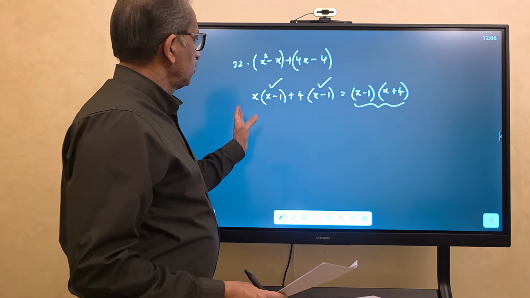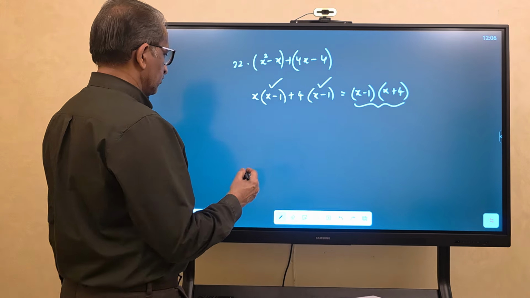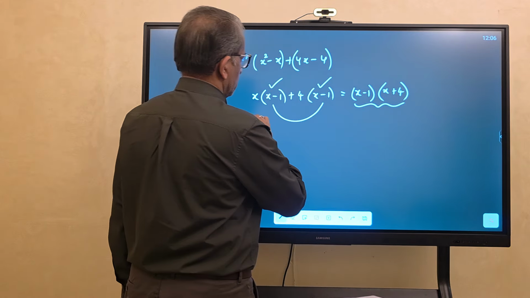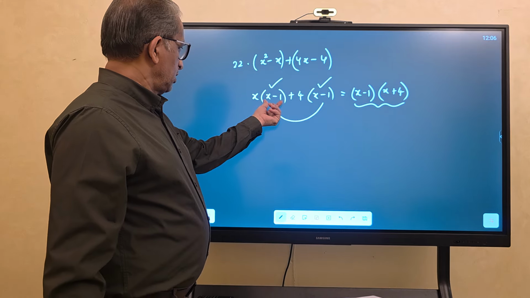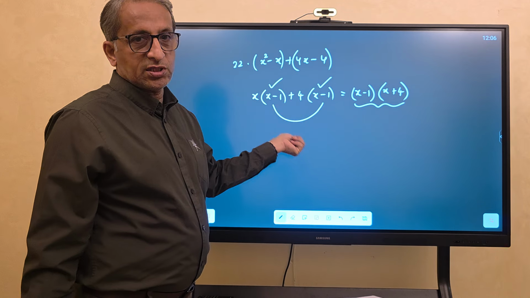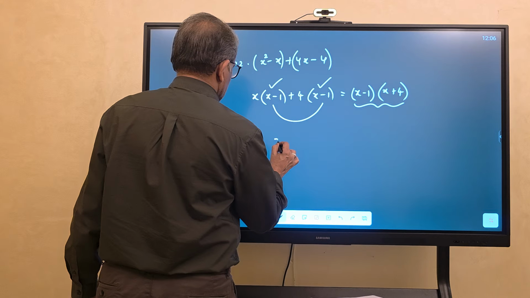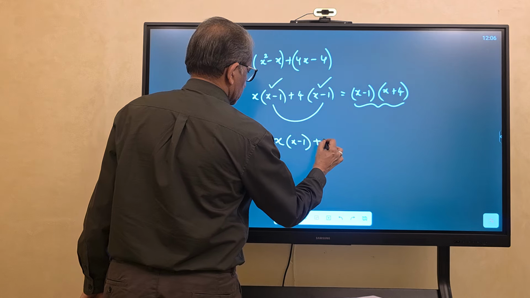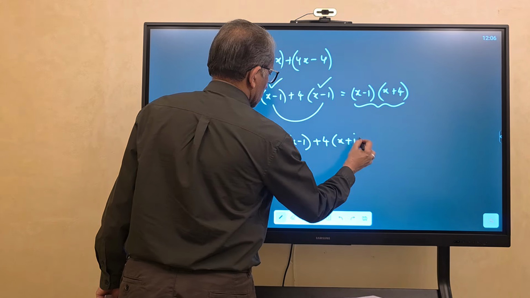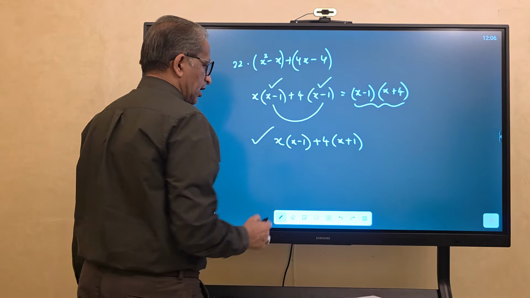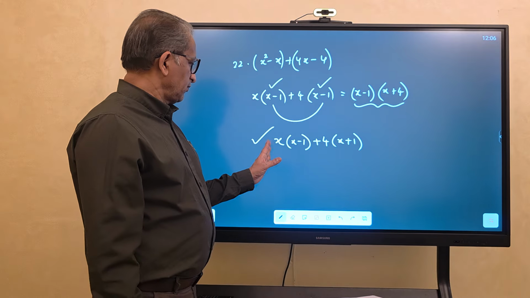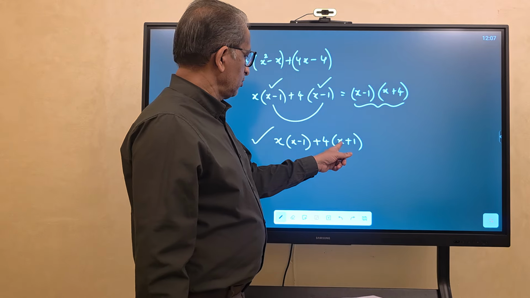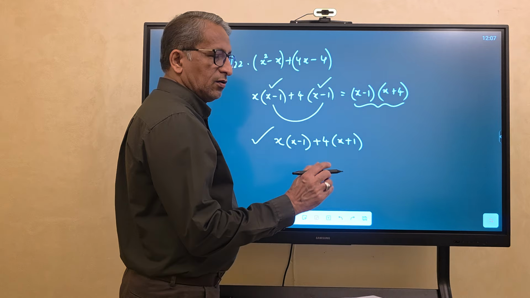One thing you have to be very careful about: whenever you do grouping, the one term should be the same. For example, suppose by chance you get x into x minus 1 plus 4 into x plus 1, instead of x minus 1, x plus 1.